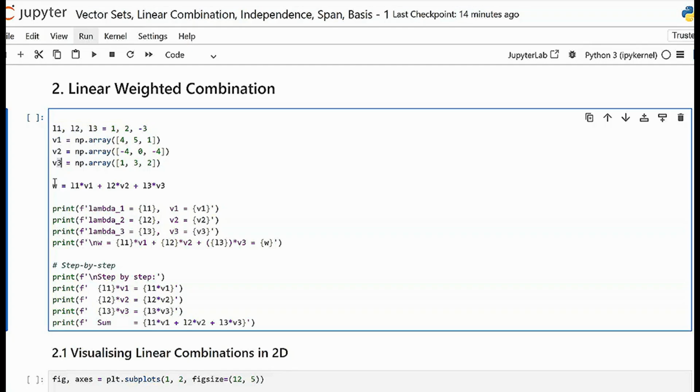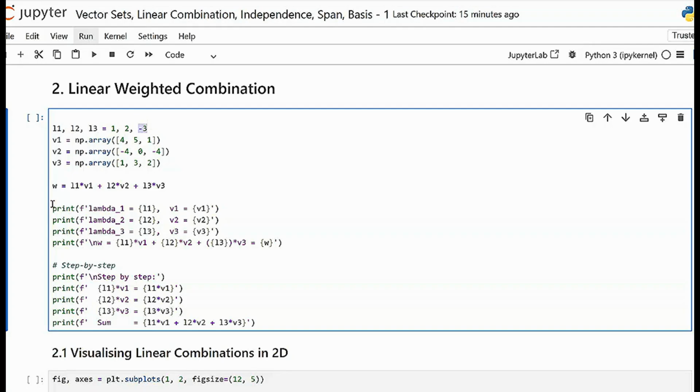With the combination here, we get lambda 1 times v1, lambda 2 times v2, and lambda 3 times v3. In our example, lambda 1 is 1, lambda 2 is 2, and lambda 3 is minus 3. This is how each vector contributes to the final result. Let me discuss how this happens.